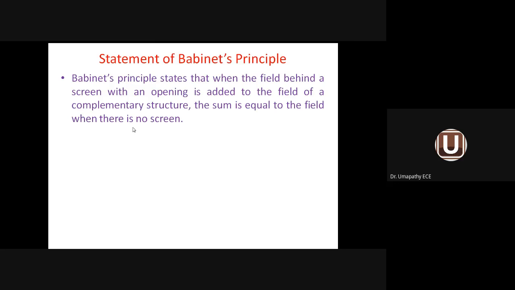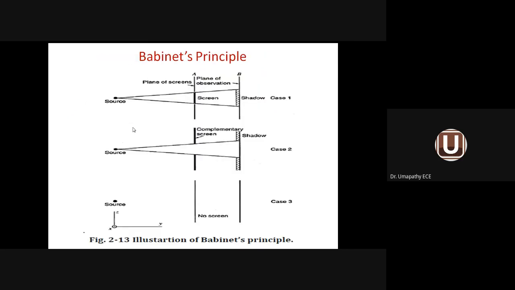When you see the statement, you may not be able to understand it. See the diagram. Just have a look at the diagram for a minute. There are three cases in the diagram. This portion, case 1.